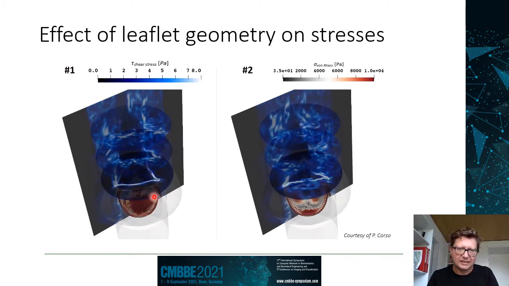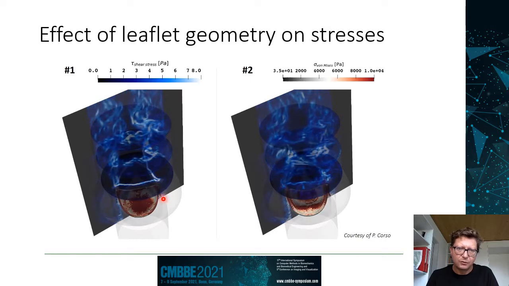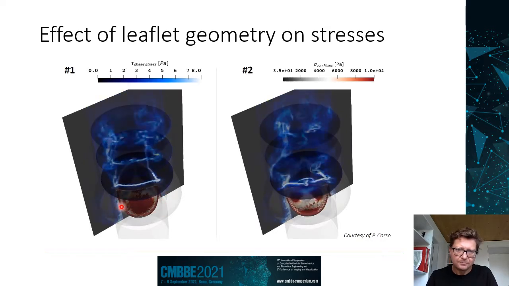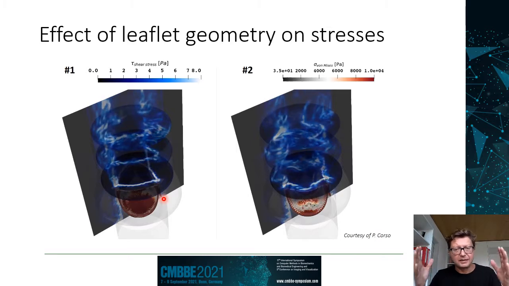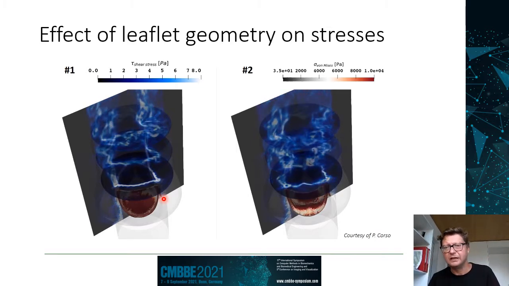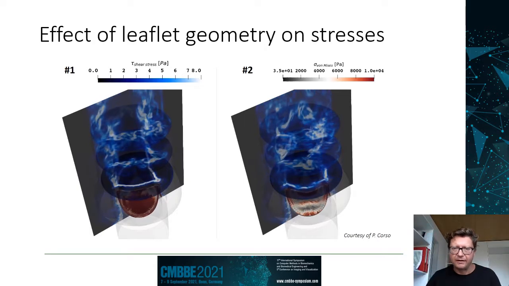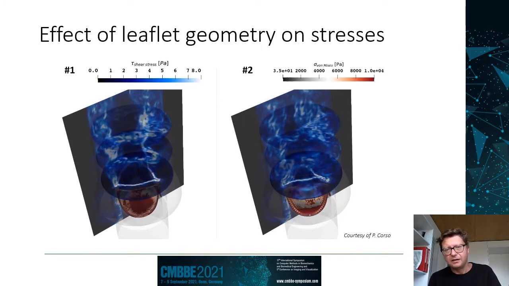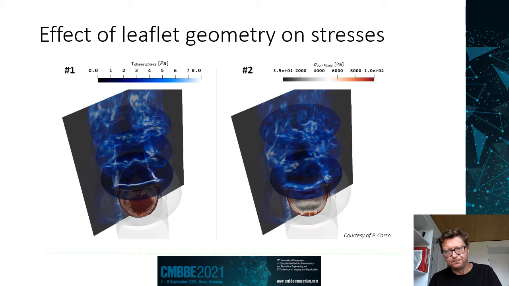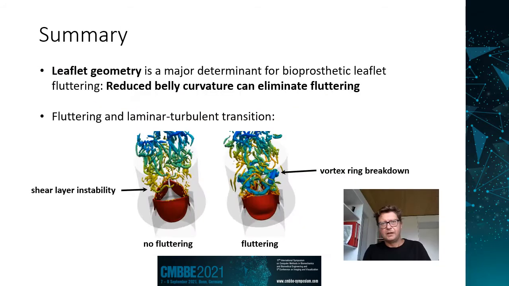Similarly, we also see in the leaflets itself the von Mises stress levels, which are rather high but stable in configuration number 1, and fluctuating like the traveling wave in configuration number 2.